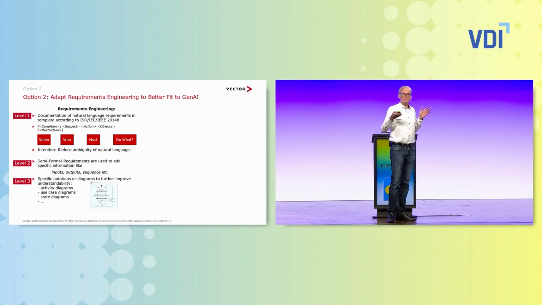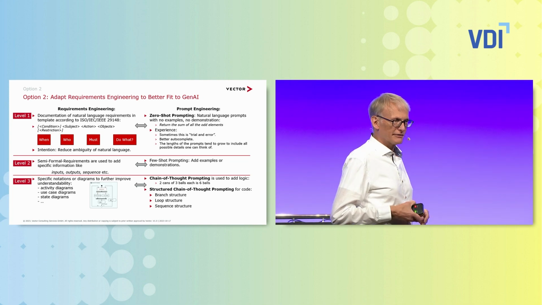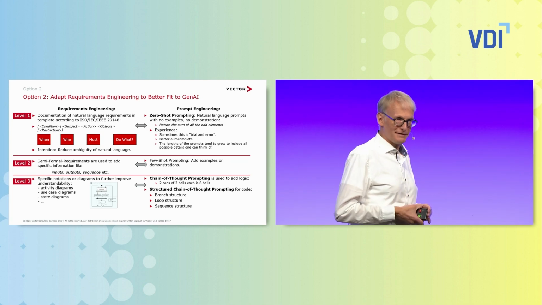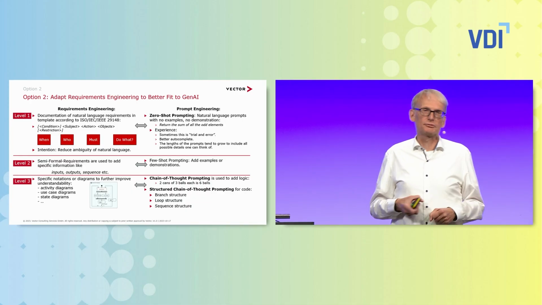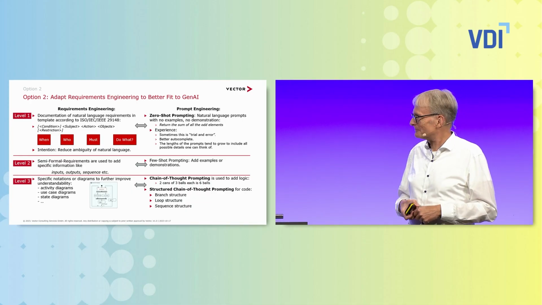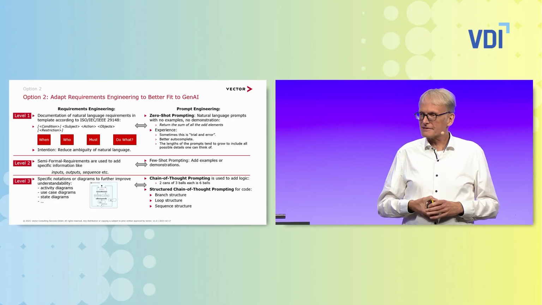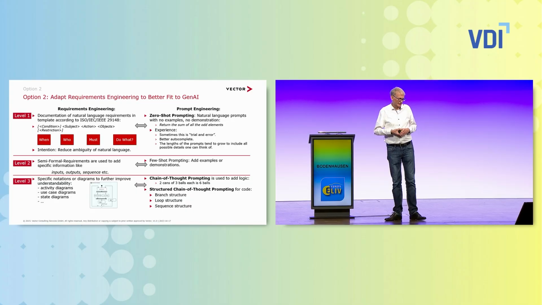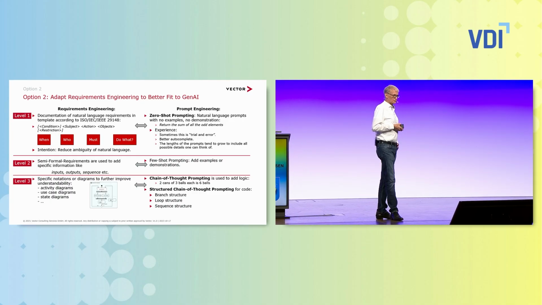So how does it compare to prompt engineering? Prompt engineering is now a quickly emerging field because people figure out that if you just type in a prompt, we may not get what we want. So people are writing lots of papers about prompt engineering. It starts on level one, zero-shot prompting.